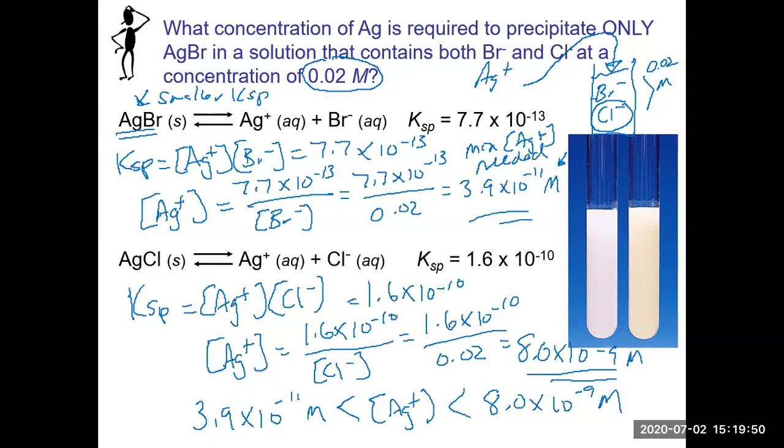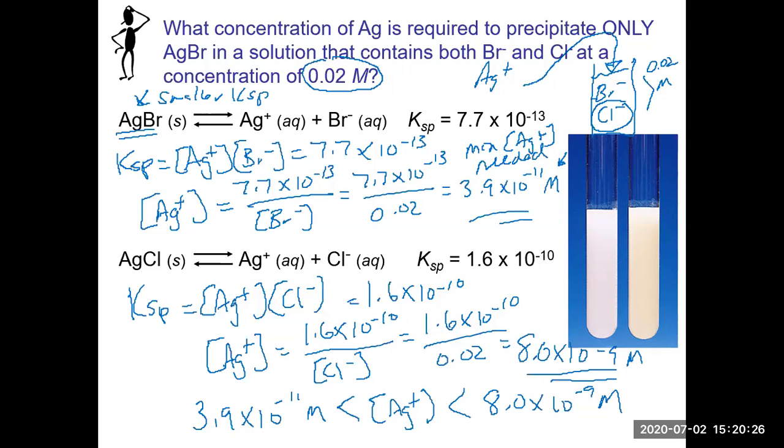So we finished up at the end of the lecture on this example. Before we continue on and finish this chapter, any questions on what we were doing in this example? This example is a very good example of how we can use Ksp to our advantage to do selective precipitation, and a reminder that that really is the basis of our qualitative analysis experiments.